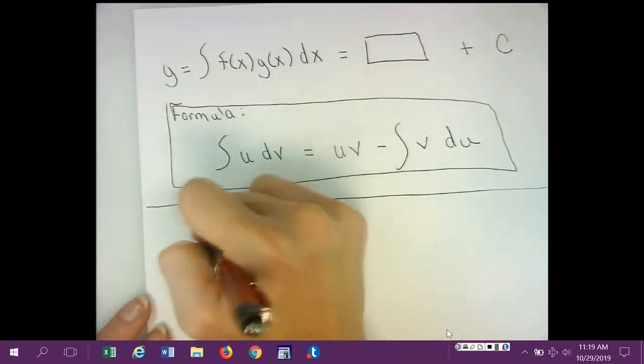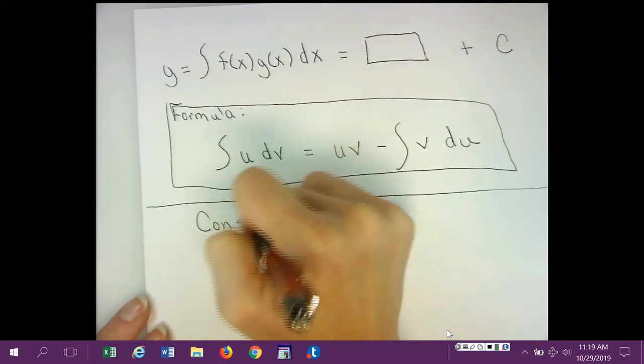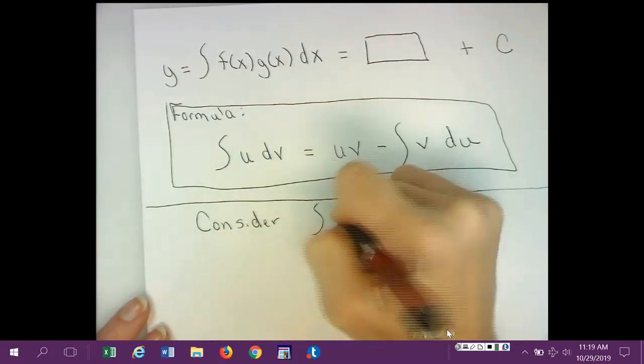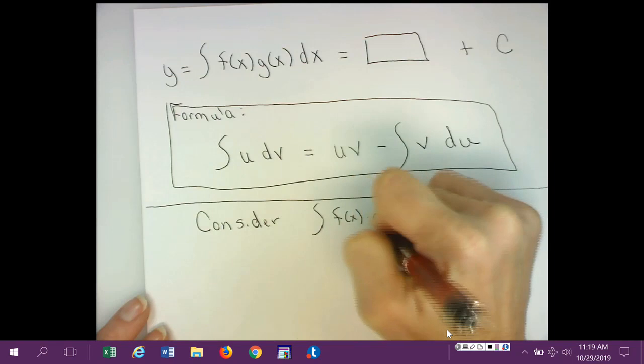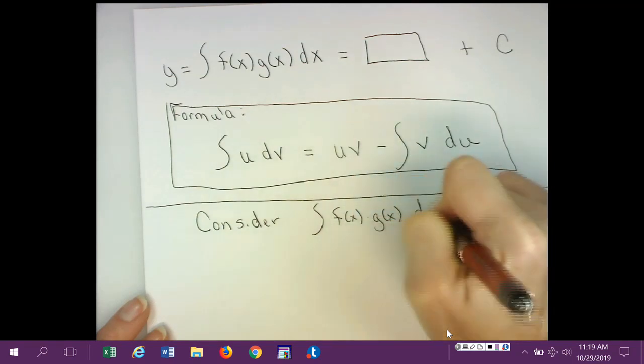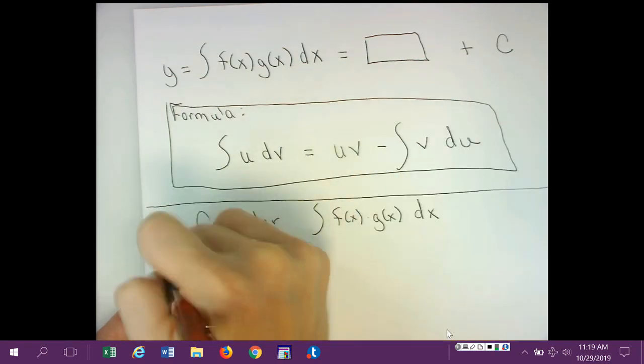So this is the proof. And I begin by saying, consider the antiderivative of little f times little g with respect to x. Step number 1.